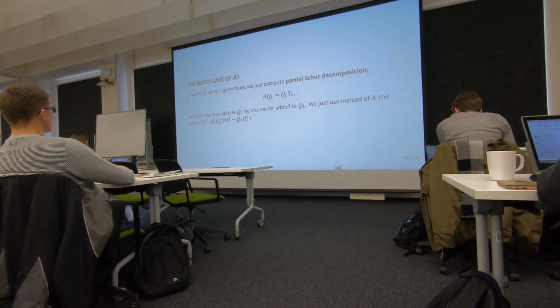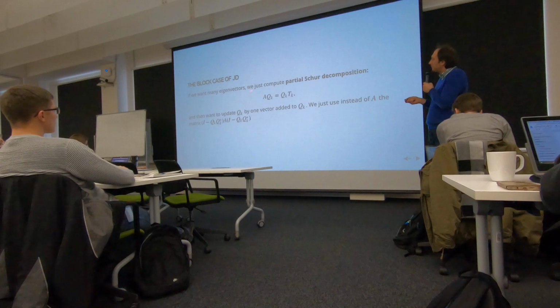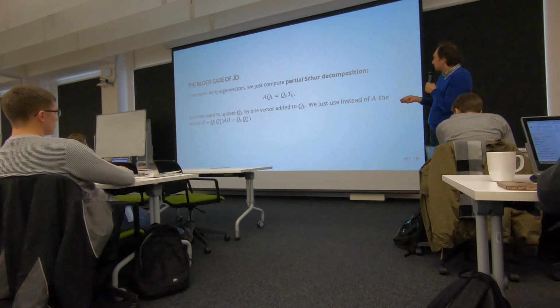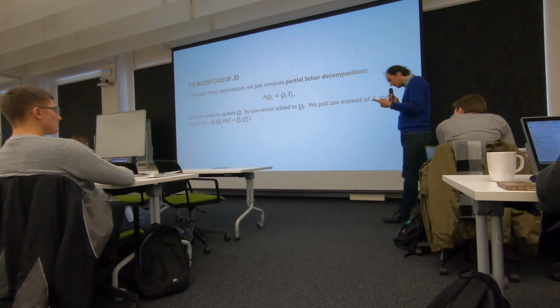Okay. So what you can do, you can also have a block version of this. Basically, compute a partial Schur decomposition Q equal QT, and if so, Jacobi-Davidson iteration computes one eigenvector.